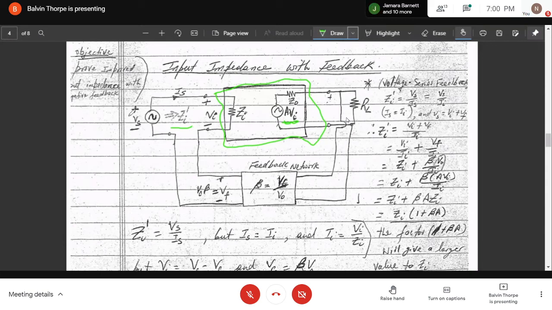Since this is the input voltage and this is the input current, the input impedance must be the input voltage over the input current, right?